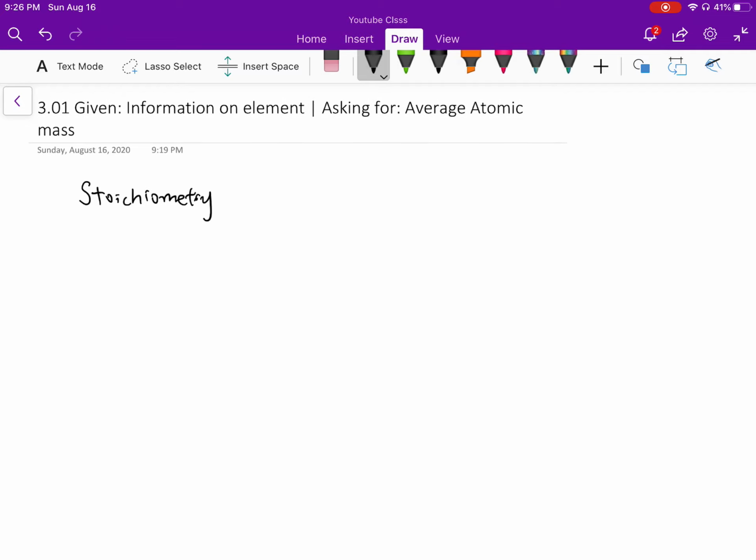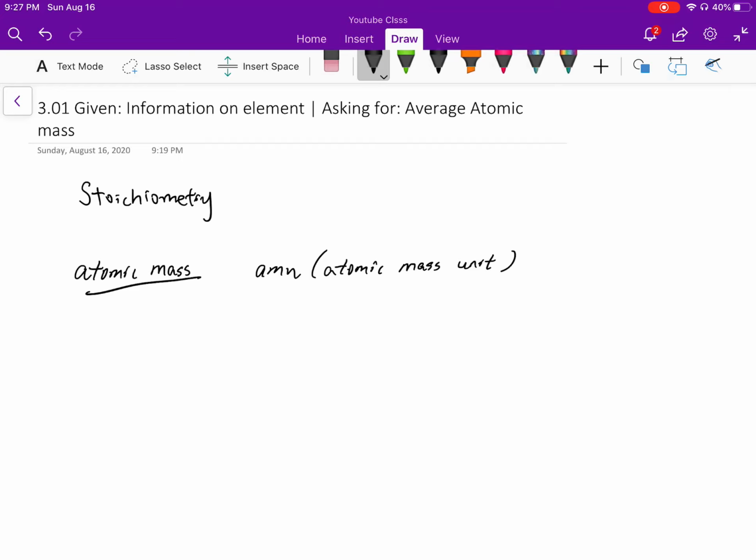The first thing that's very important is atomic mass. So what is atomic mass? It's the mass of the atom in a unit called AMU, which stands for atomic mass unit.